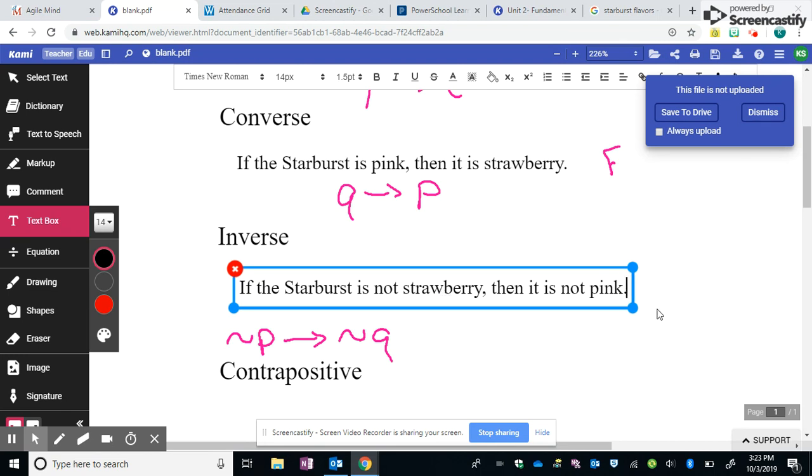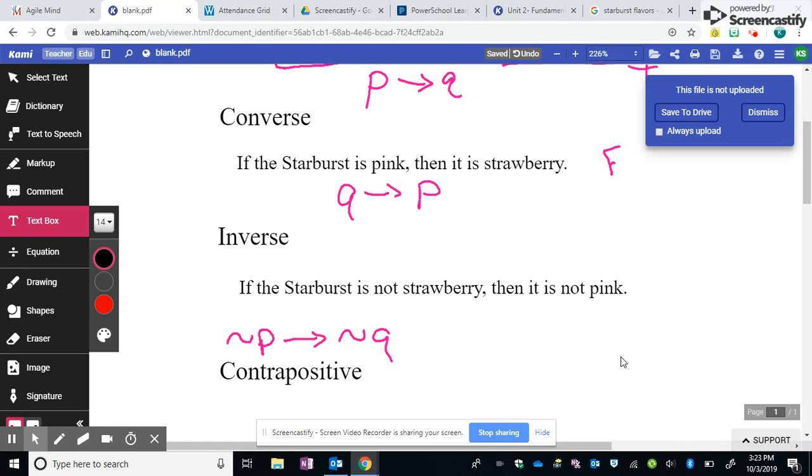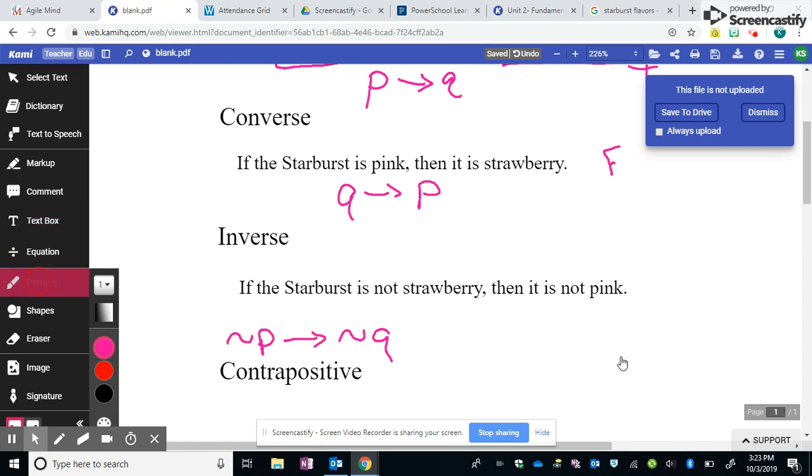This is also false because we have those other flavors of starburst that are pink but not strawberry. So we're going to say that this one also is false.